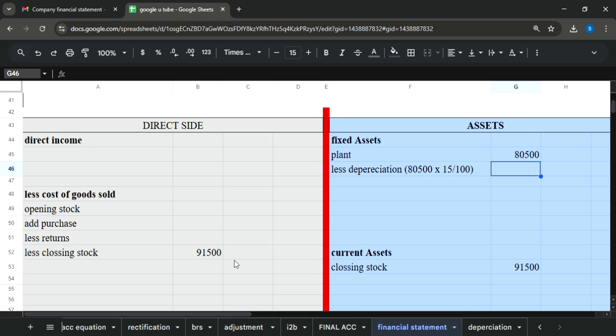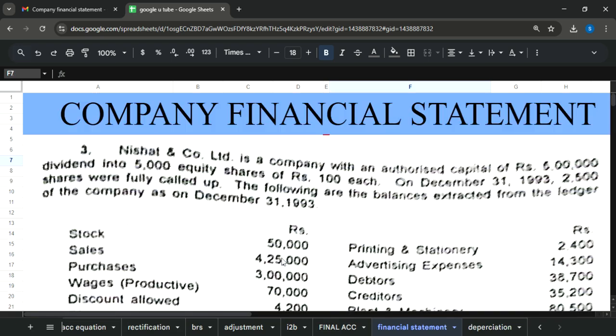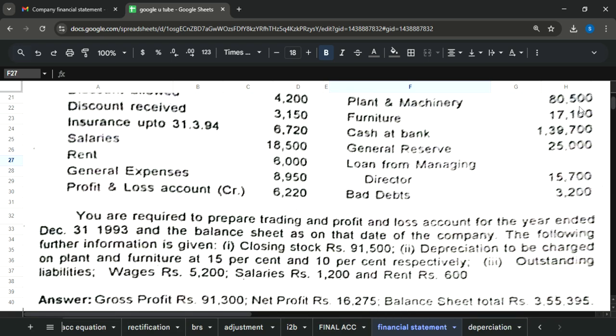How have we taken 80,500? That is the amount of plant, and 15% is mentioned in your book. Depreciation has been calculated, and here you can see 15% of plant. The value of plant we have already mentioned, 80,500.